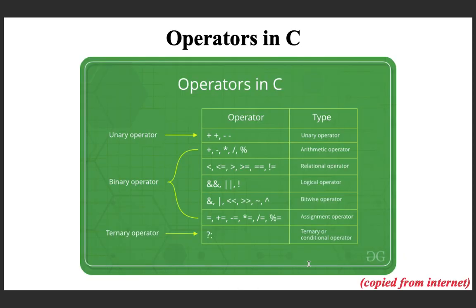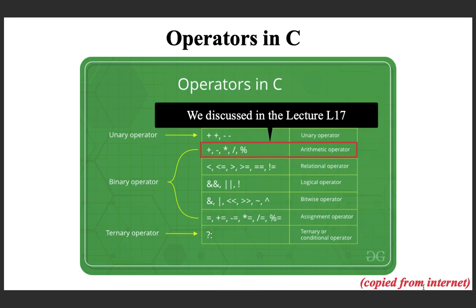So these are the various operators supported in the C language. The figure is copied from the internet, and in lecture 17 we discussed binary arithmetic operators: addition, subtraction, multiplication, division, and the remainder operator.